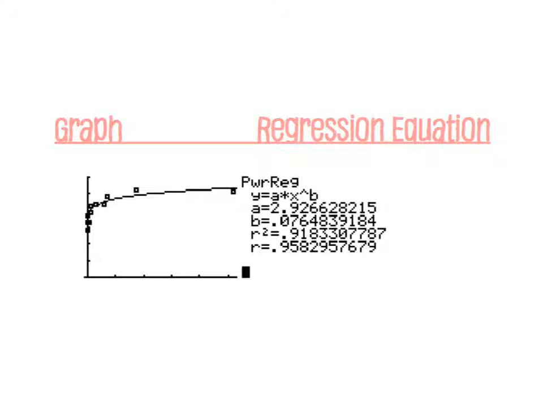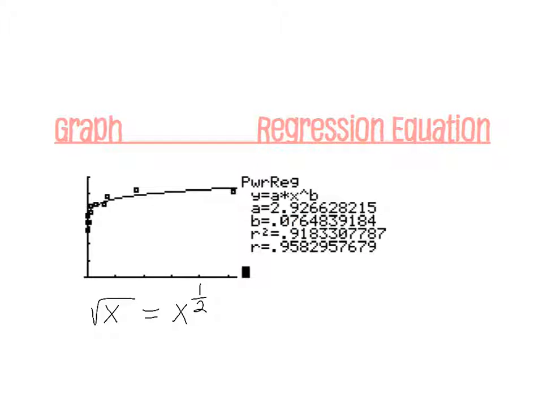Recall that the square root of x is the equivalent of x to the 1/2 power. Here you have x raised to some power, with a leading coefficient out in front of it. So if this was going to be a square root function, the power, or the b value, should equal 1/2. You can see here that b does not equal 1/2.